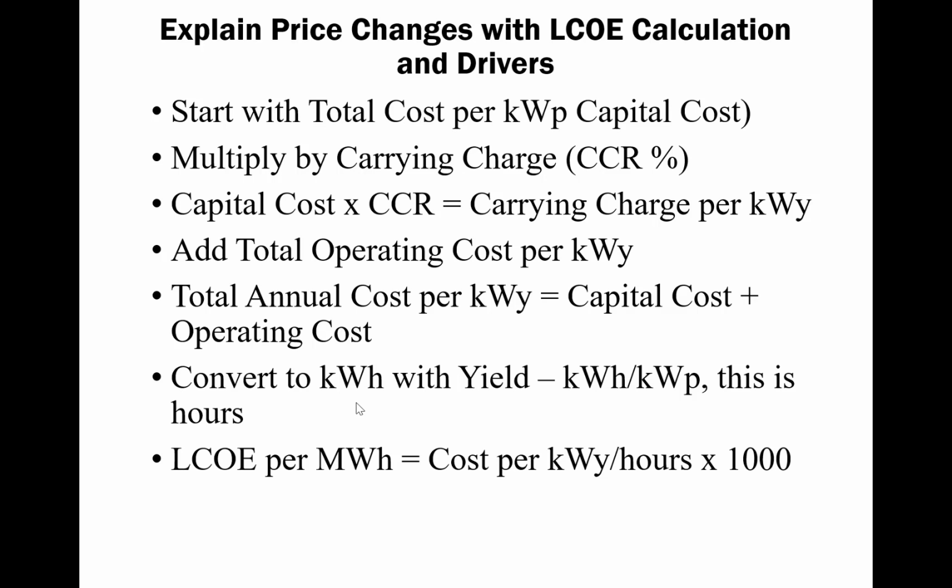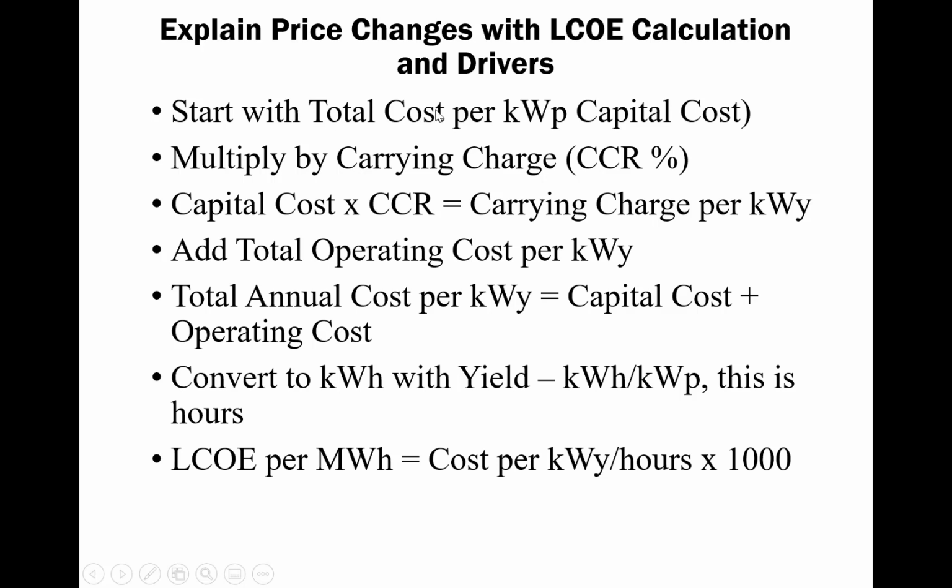And that's a nice, convenient way to convert from kW year to kWh. And finally, you take the cost up here, the total annual cost per kilowatt year, divided by the hours. If you want to multiply it by 1,000, you can, and you get the levelized cost.